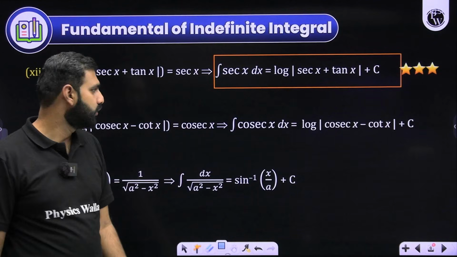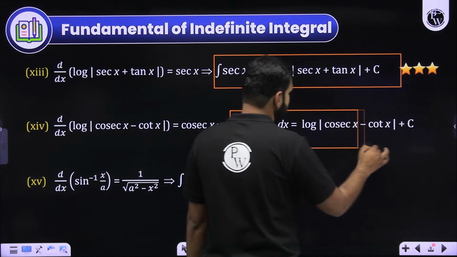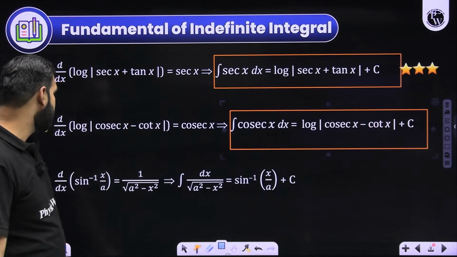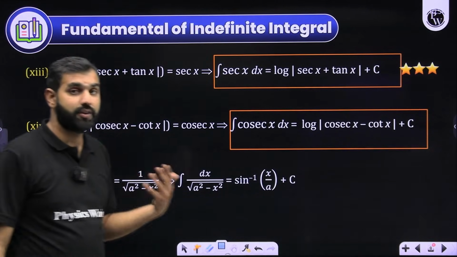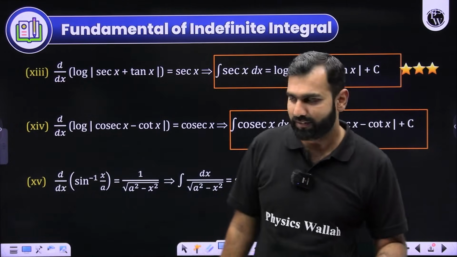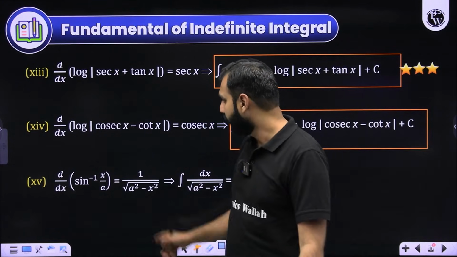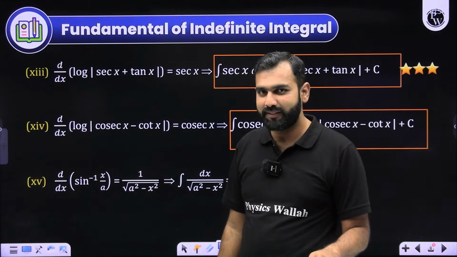On those grounds you can conclude that the integration of cosec x will be log of cosec x minus cot x. Similarly, when you talk about inverse trigonometric functions, we knew their derivatives. For example, if I ask you the derivative of sine inverse x upon a, do you remember it is 1 upon under root a square minus x square?